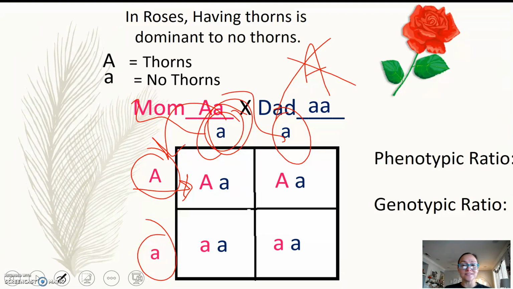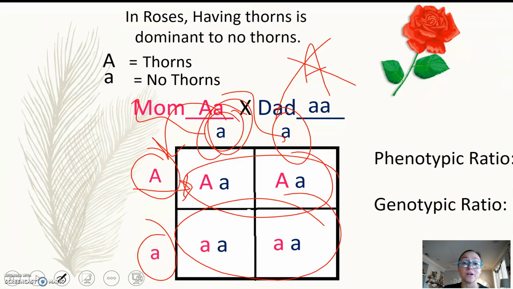So when we look at these offspring, these two parents will have about a 50% chance of having offspring with thorns and a 50% chance of having offspring without thorns. This doesn't mean that if they have 4 kids, 2 of them absolutely will have thorns and 2 of them absolutely will have no thorns. What this means is it's a probability. Some will and some won't, and it's about a 50-50 shot.